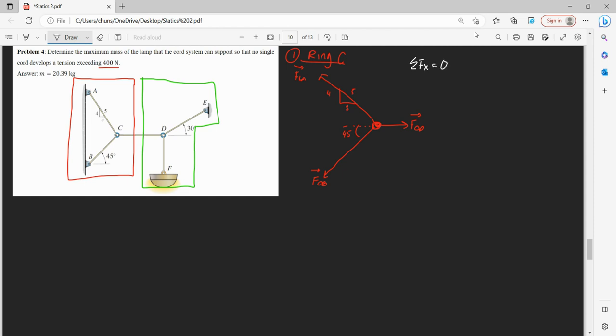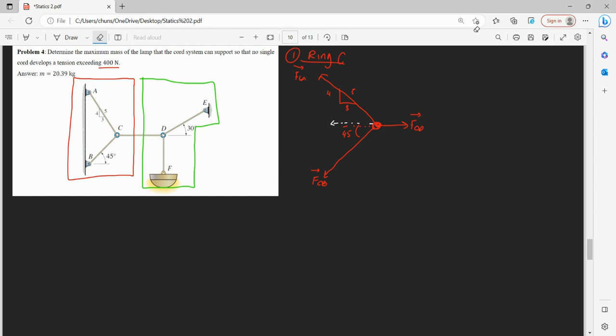So we have x equals 0, which is equal to FCA (3/5), and that's in our negative x direction, going that way. And we have minus FBC, then that's, actually no, sorry.